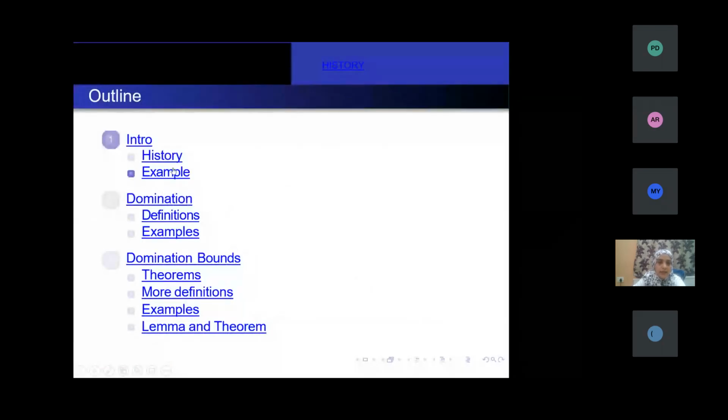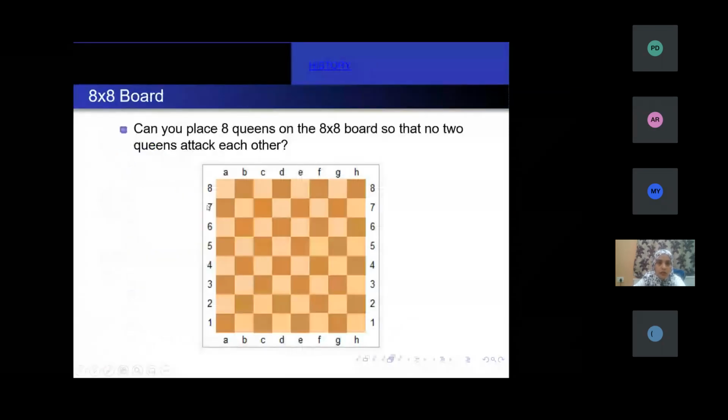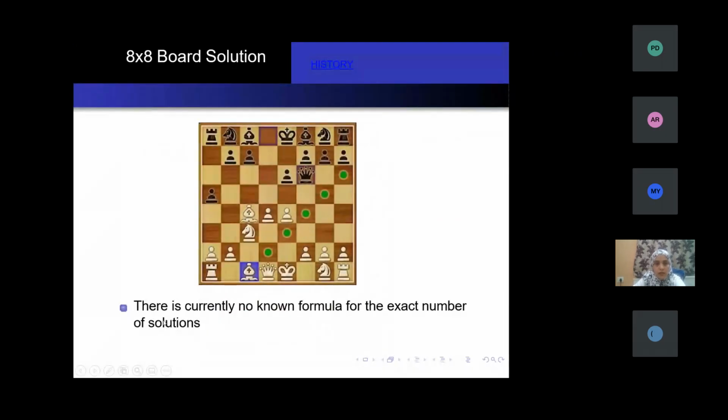Next, coming to the example, on an n cross n board so that no two queens attack each other, here will be one queen and here will be one queen. They will be non-attacking to each other. There is currently no known formula for the exact number of solutions.